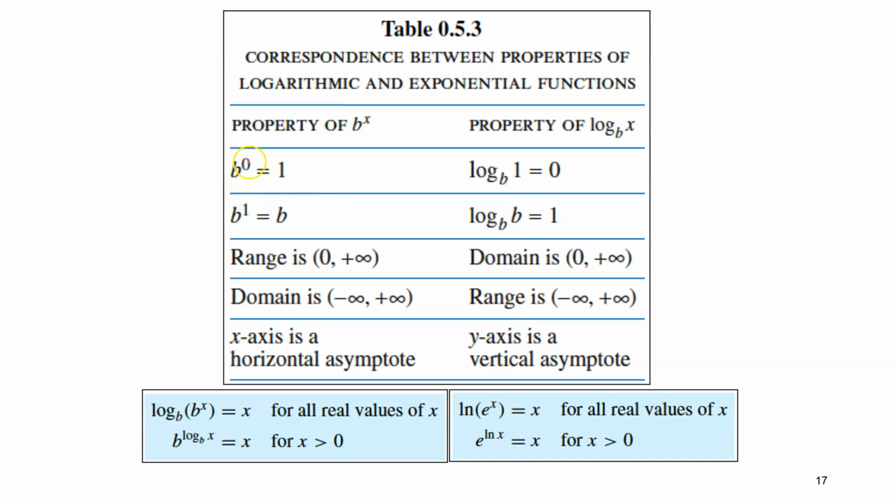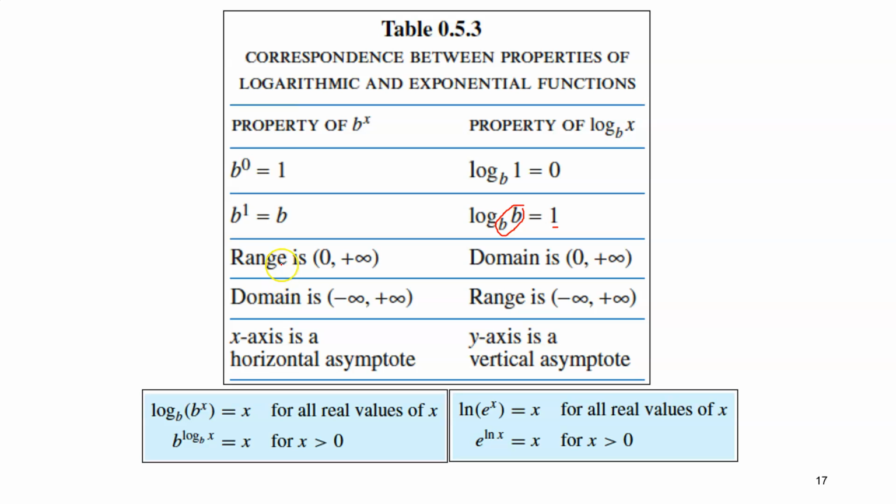So when b to the power of 0, you'll get 1. Anything exponent 0, you get 1. B to the power of 1, you just get b. But for this one, you see log 1 base b, you get 0. Anything you log 1, you get 0. Log b base b, this one is the same, you get 1.